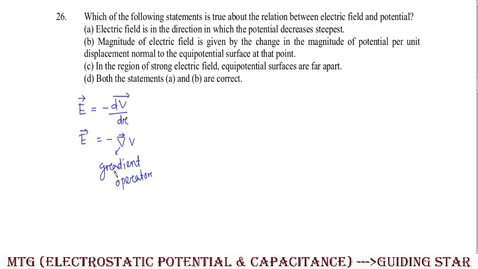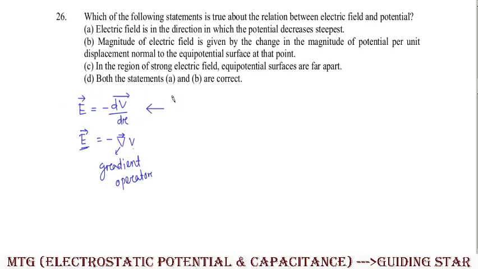But just remember that this is an operator which, when it operates upon any scalar quantity, here potential is a scalar quantity, will give you a vector quantity. Clear? So this is called the gradient operator. That's why, how will you read this particular relation?